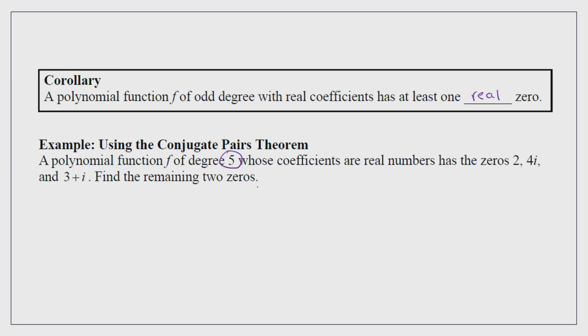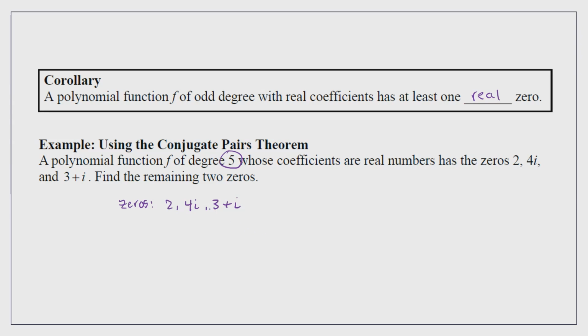Now, the zeros that our problem tells us are 2, 4i, and 3 plus i. And we're asked to find the remaining 2 zeros.